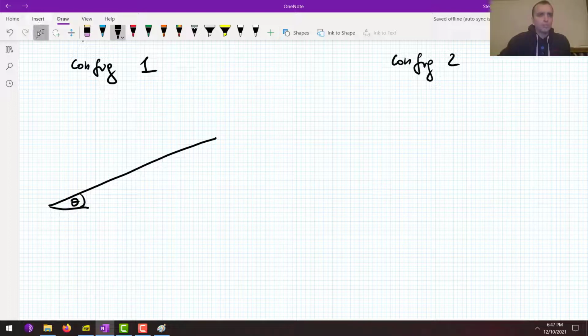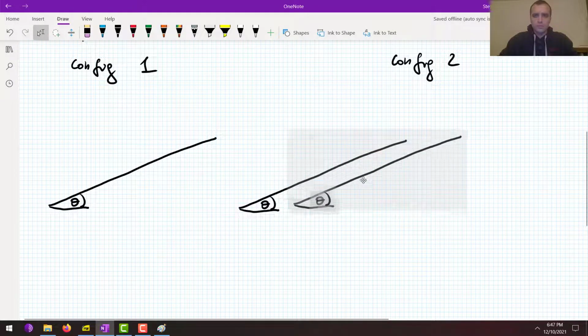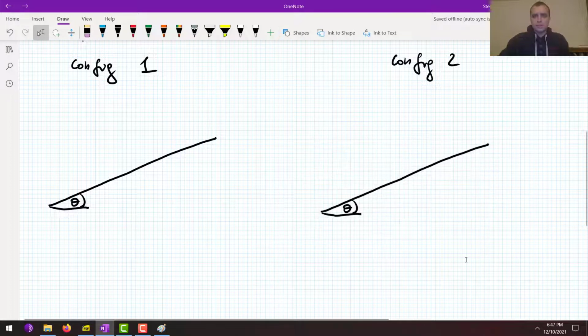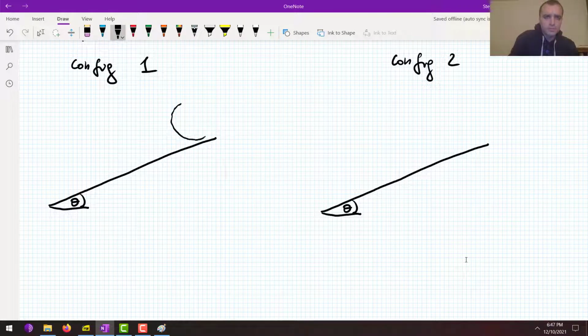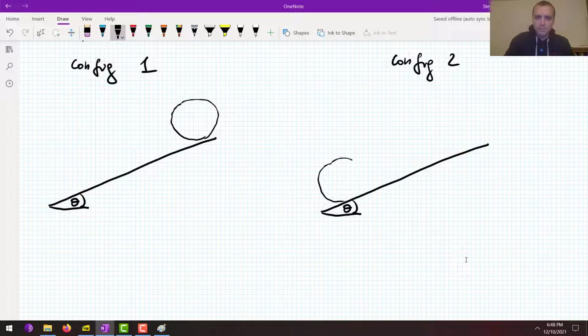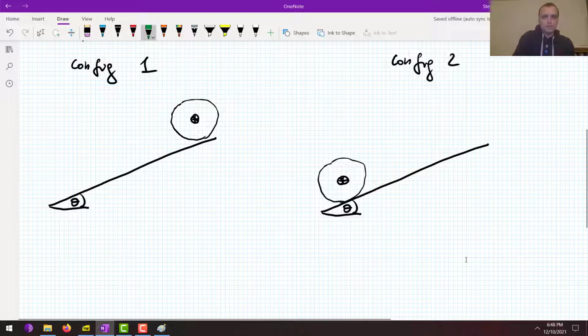I'm going to copy it. Let's say that our cylinders start from here. We're going to solve the same problem for these two cylinders simultaneously. This is the center of mass of these two cylinders, and this will be our datum.